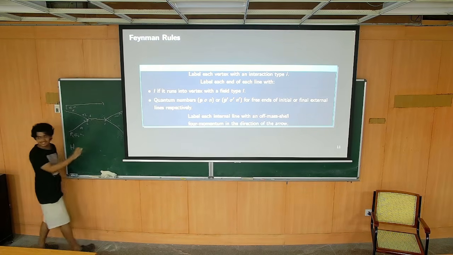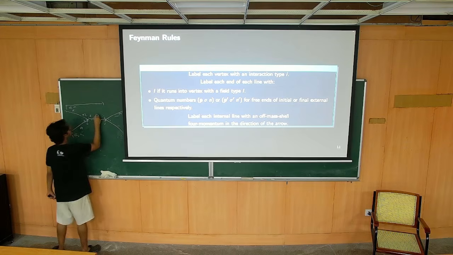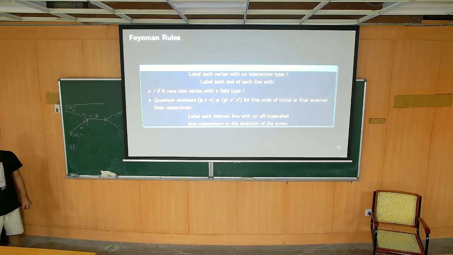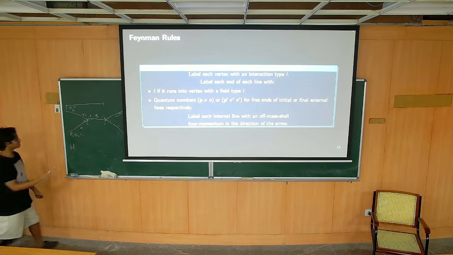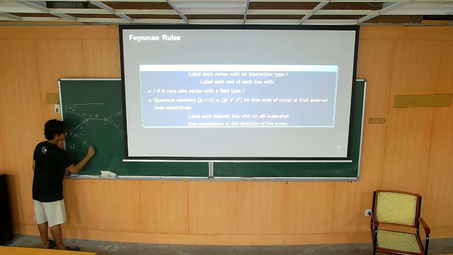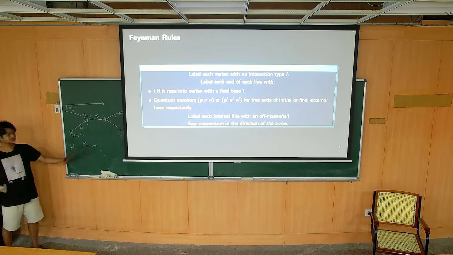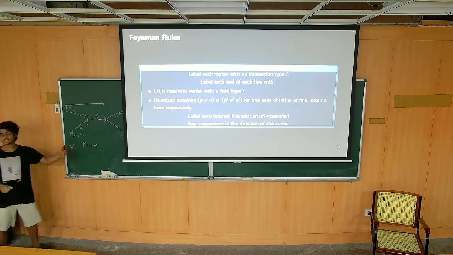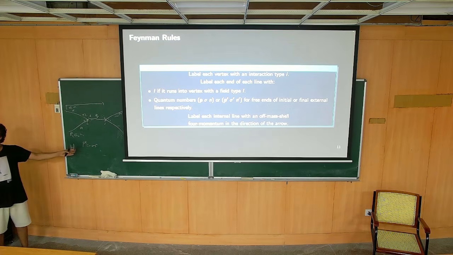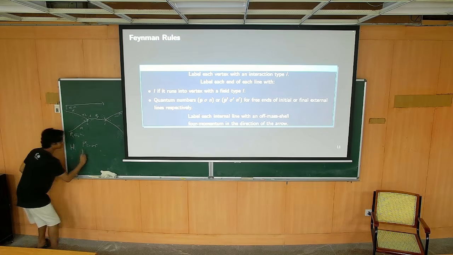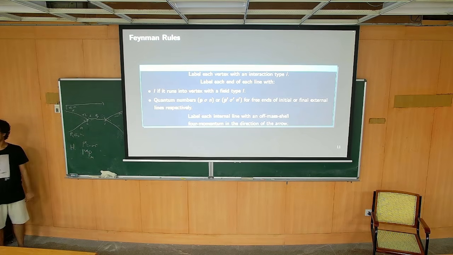For the internal lines, we will denote the momentum by Q. This is something called off-mass-shell momentum, which means usually the momentum satisfies this equation. P square is P mu P mu, minus m square, the negative of the mass square.